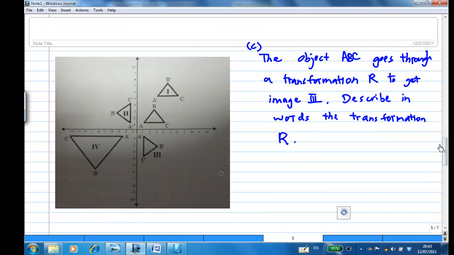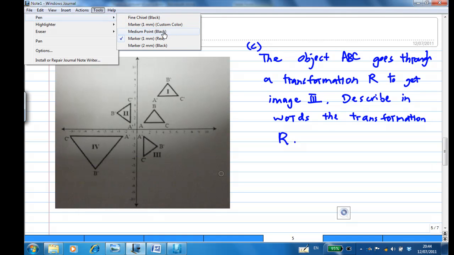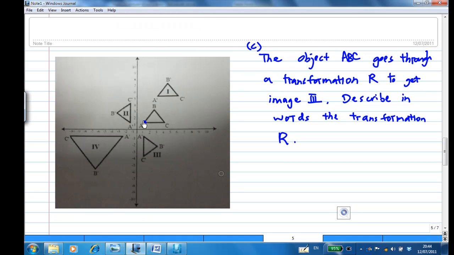Part C. The object ABC goes through a transformation R to get image 3. So let's look at the object ABC is here and go through a transformation R to get image 3, which is A prime here, image 3.